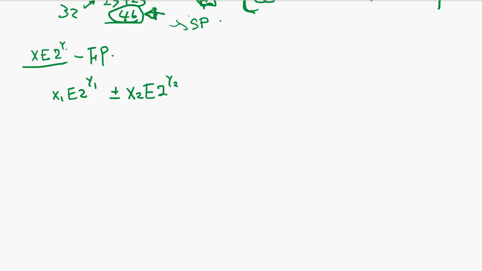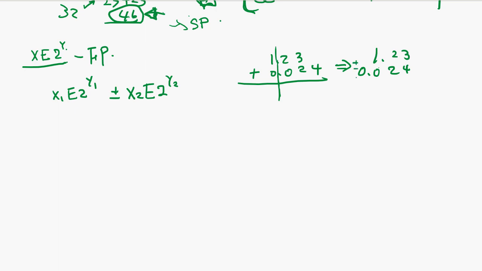Now you cannot just add like that, right? You have to align the point here to do the add. You don't do this like you used to do in integer plus minus. Okay, this doesn't work. You have to align it, right?